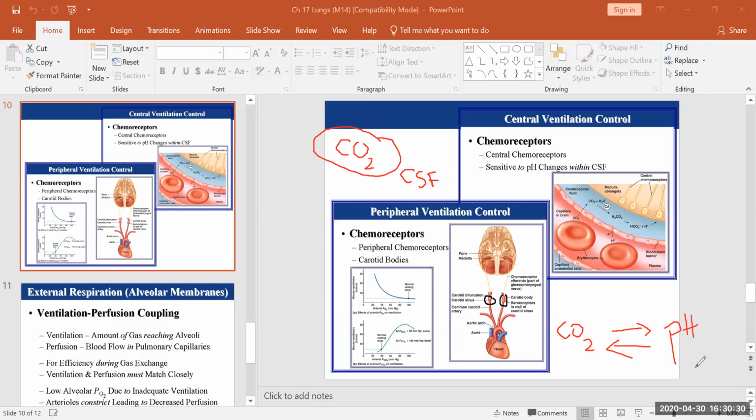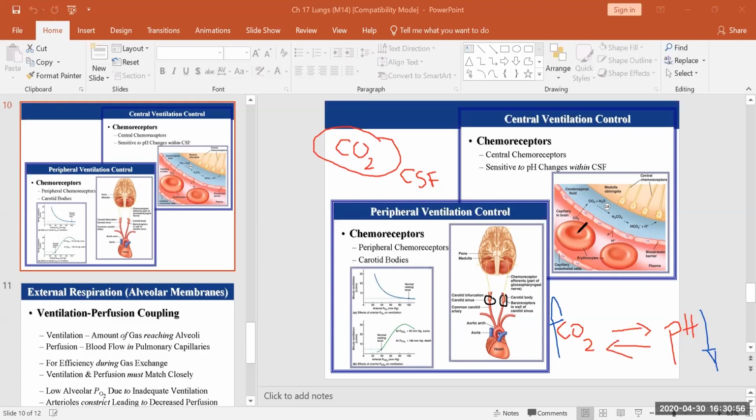So if CO2 increases, proton concentration increases, pH drops. Okay, so let's write that out. If CO2 increases, pH drops, and that's deadly for the brain. So that's why CO2 is exquisitely controlled in the brain.